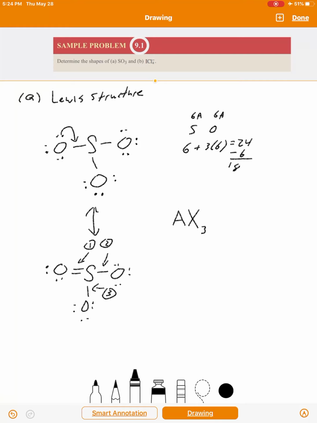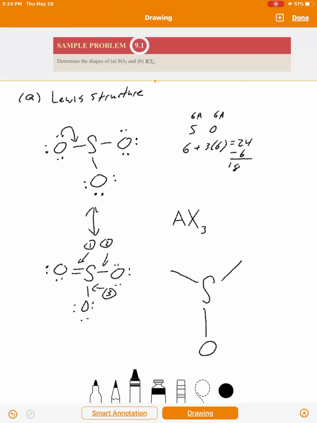Doesn't matter whether it's a single, double, or triple bond. They're still 1 domain. So it has 3. If the sulfur atom has 3 electron domains, we would expect those domains to be located equidistant from one another, or equiangular.